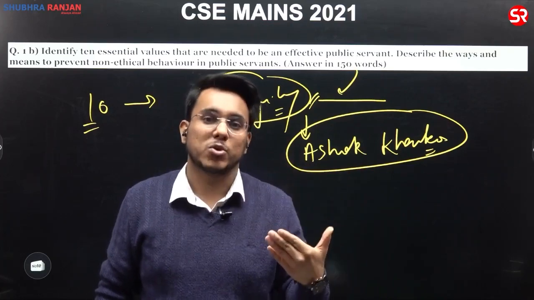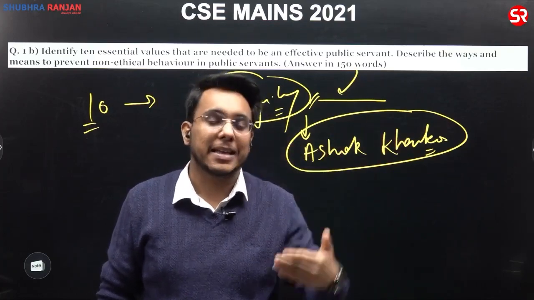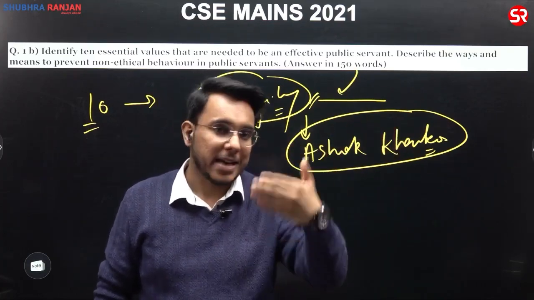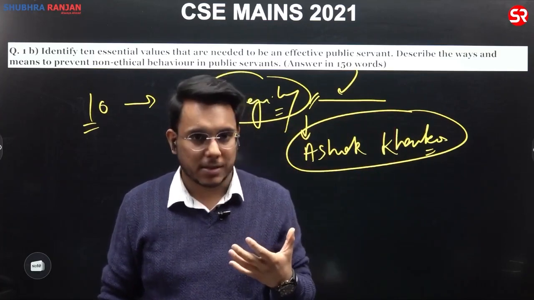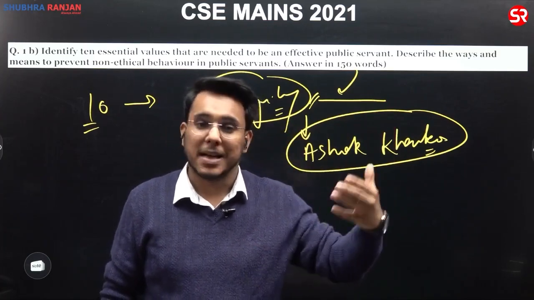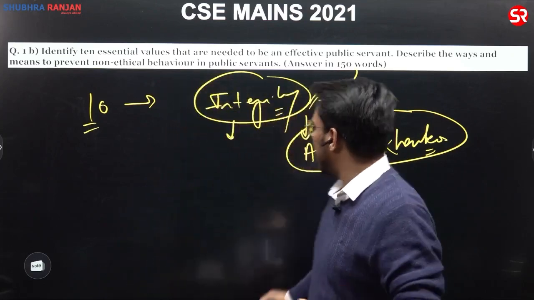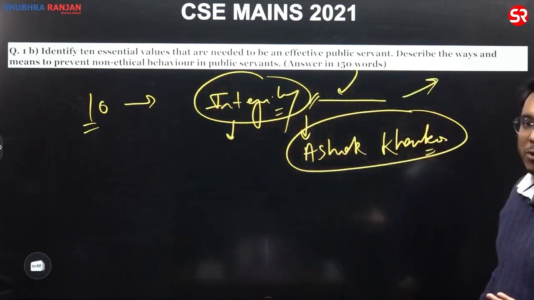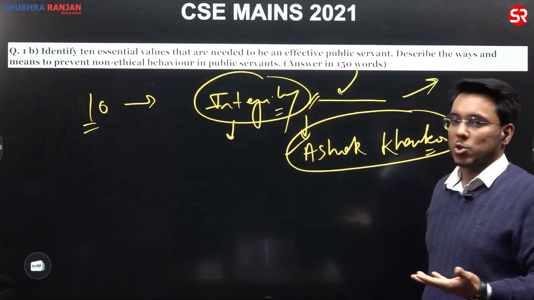The politicians were abusing their power, particularly in the land deal of Gurugram. He exposed a multi-crore rupees scam. Clear? So, the integrity of Ashok Khemka.